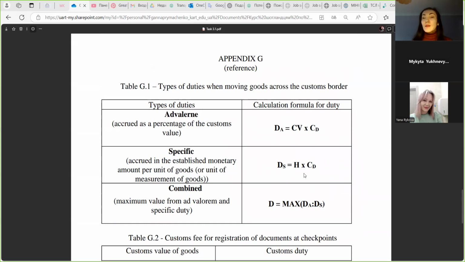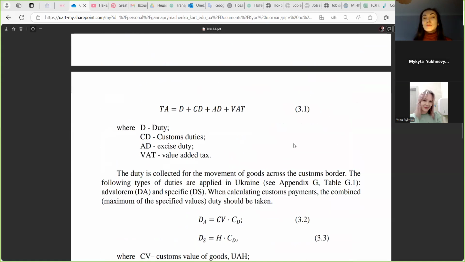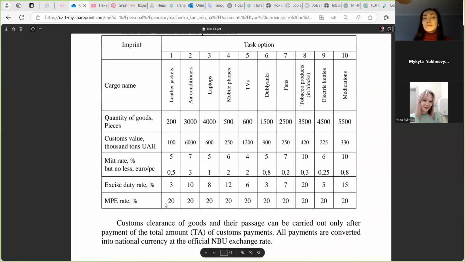Okay. Maybe I don't understand when we calculate the first duty, ad valorem duty. Yes. We multiply parameter CV. Yes. I have this parameter in 1,000 tons.